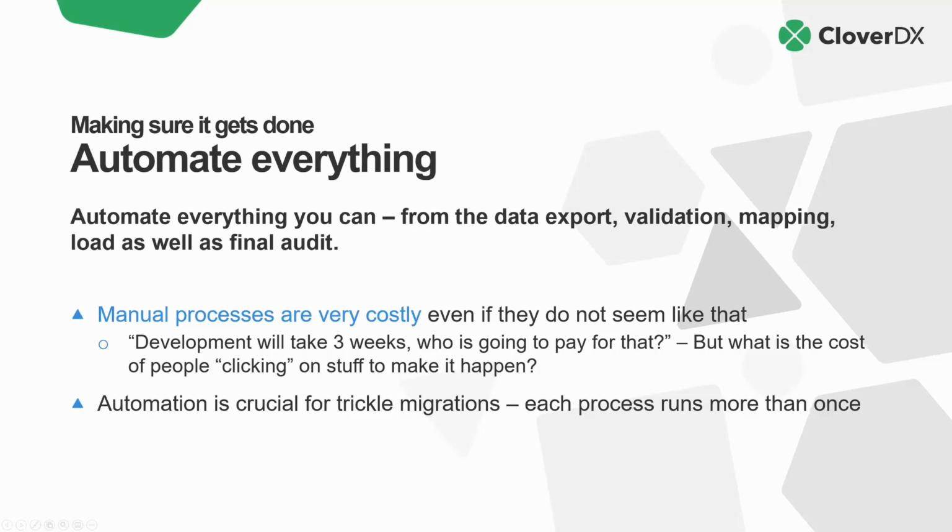You can be sure that what you will deliver to production will be of a certain quality. That's a huge benefit over the manual processing. And like I said, this would be a cost-effective solution for the trickle migration.